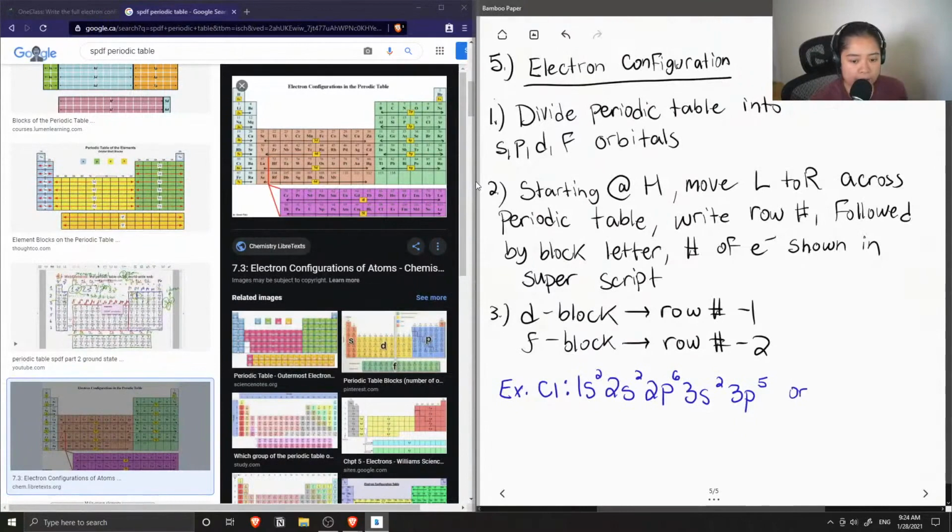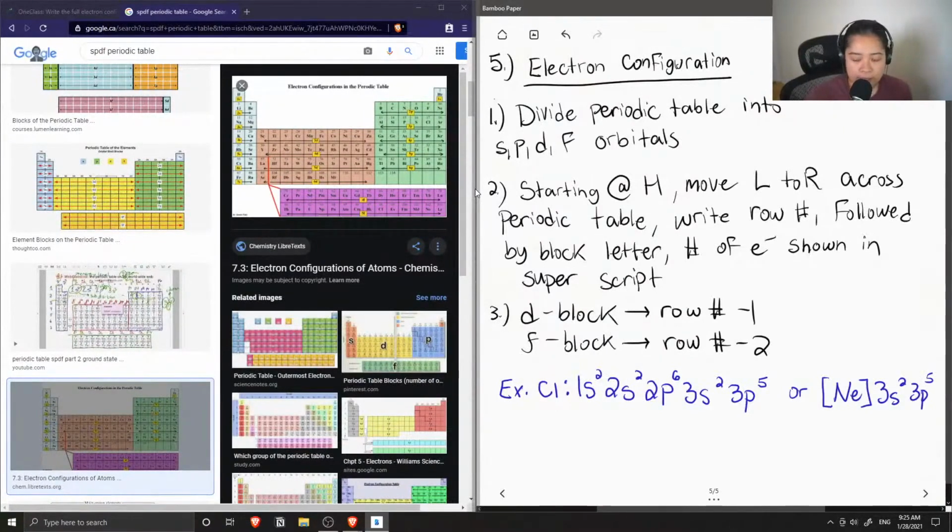And if we wanted to write the shorthand configuration, we would find the noble gas that comes before chlorine. In this case, it's neon. And then we'd write neon in square brackets, and then just continue on writing the electron configuration as is. So you write neon and then 3s2 3p5.